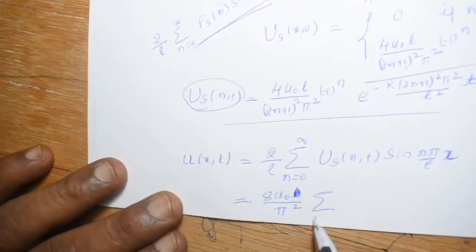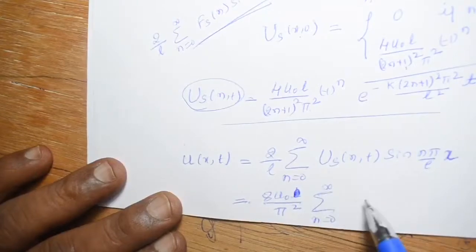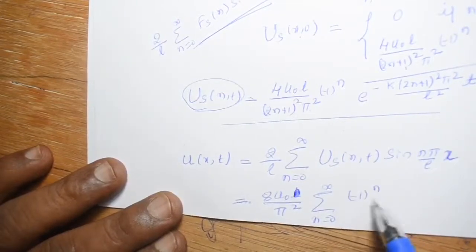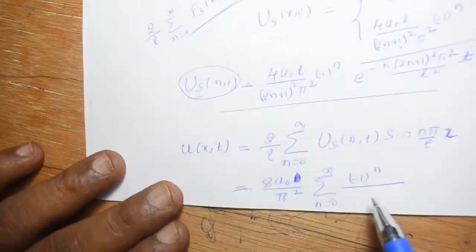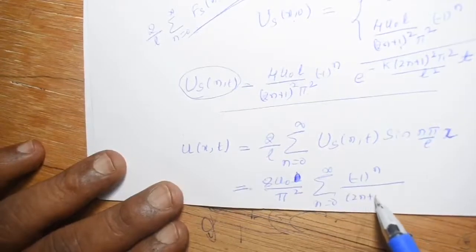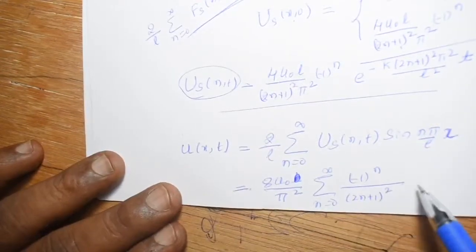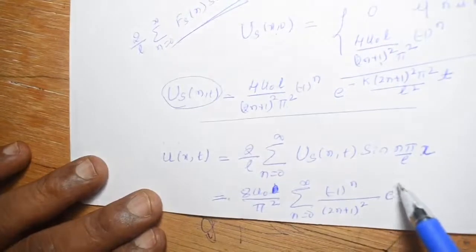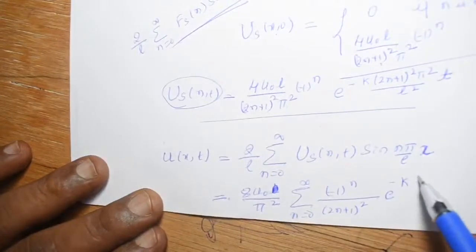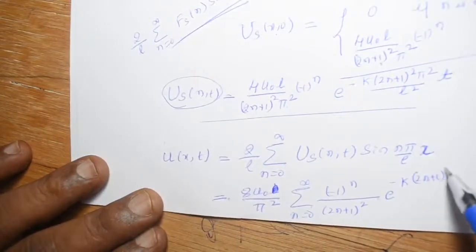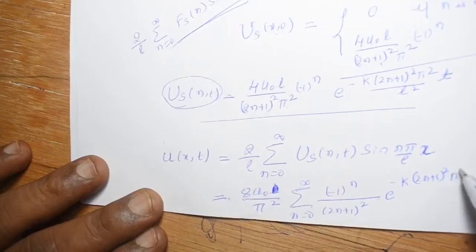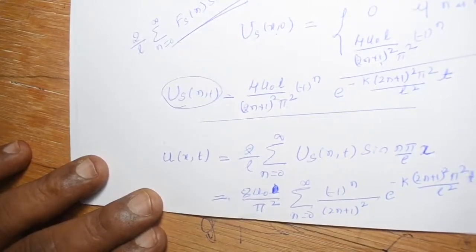So into summation n is equal to 0 to infinity of minus 1 to the power n into (2n plus 1) whole square into e power minus k into (2n plus 1) whole square into pi square divided by L square into t into sin n pi.